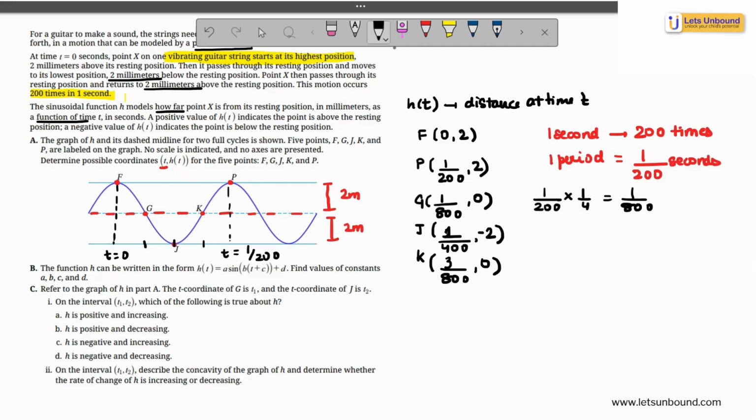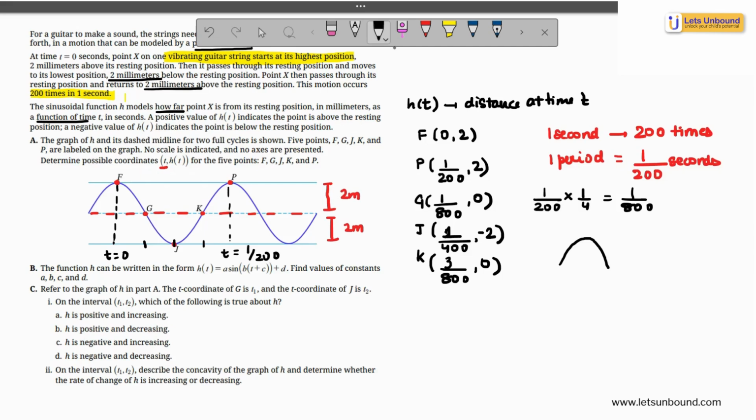Because this is a sinusoidal function, you have to remember to look at the period carefully as well as divide the period into 4 equal parts, because in a sine function, a period is from 0 to 360, but it has been divided into 4 equal quadrants of 90, 180, 270, and 360.